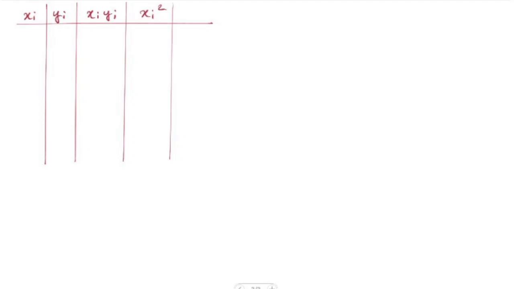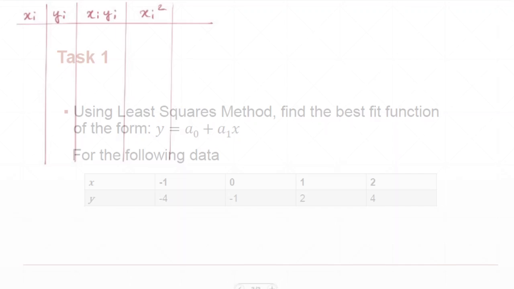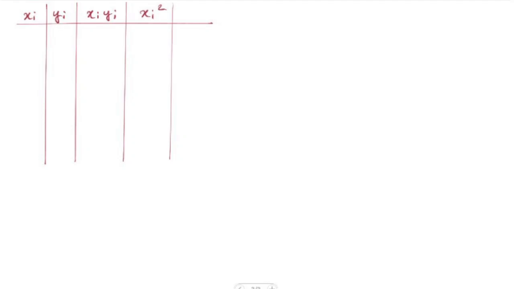So from the slides we already saw our values are -1, 0, 1, 2, and for the yi we have -4, -1, 2, and 4. So let's write them down now.